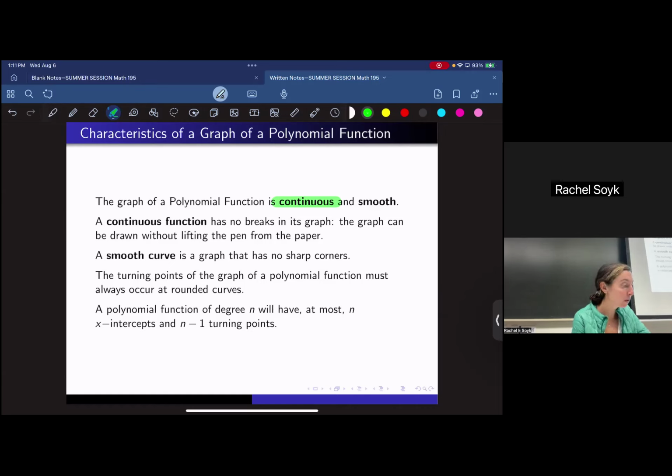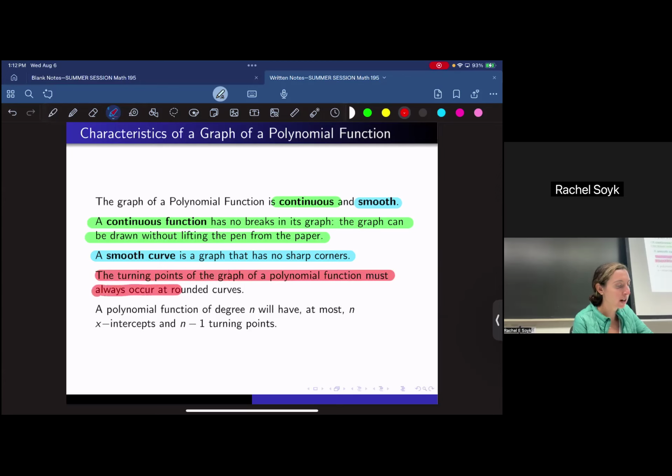The second you lift up your pen or pencil, you have a break and the function is no longer continuous. So all continuous functions have no breaks and can be drawn without lifting the pen from your paper. Whereas smooth just means no sharp corners, so there are no cusps. Round curves are acceptable, points are not. The turning points of the graph of a polynomial function must always occur at rounded curves, so no cusps.